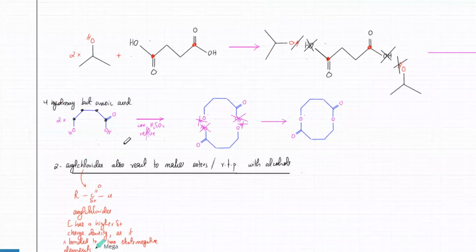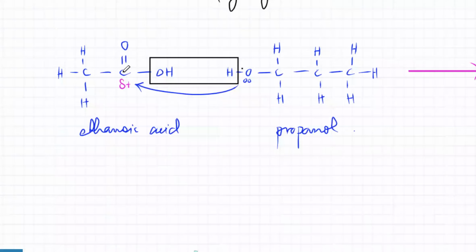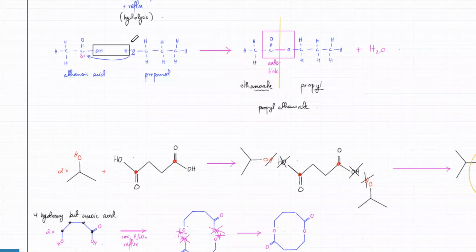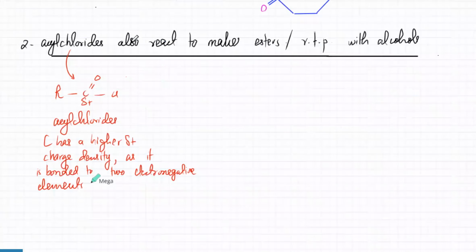In carboxylic acids, the carbon had a positive charge, but it was only bonded to 1 electronegative element. The other side was an OH, which actually has an electron-donating effect. So there was only 1 electronegative element attached to it. But now you've got a much stronger carbon positive charge.